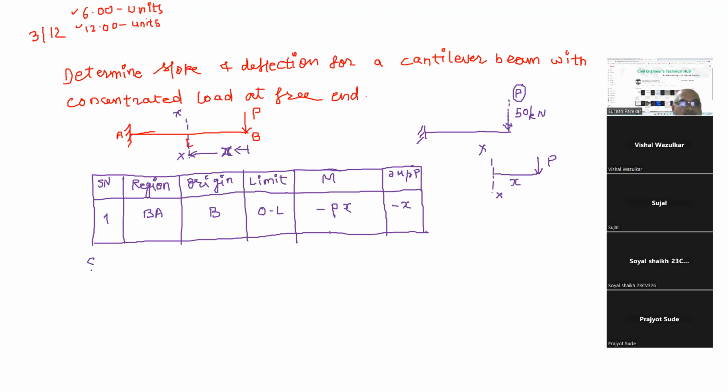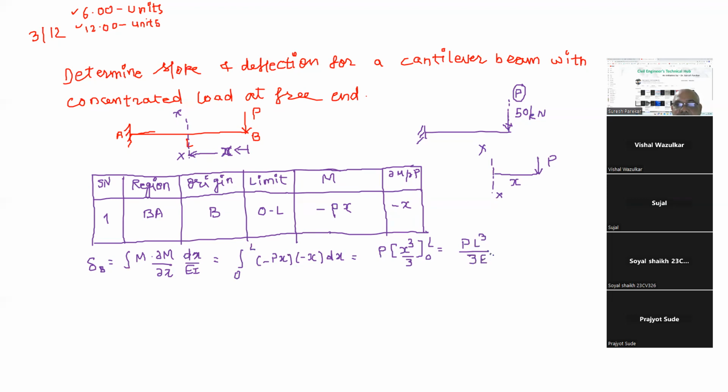Then we have delta at B equal to integration of M into dM by dP dx upon EI, from 0 to L. M is minus Px, dM by dP is minus X into dx, and this will be Px cube upon 3 from 0 to L, and this will be PL cube upon 3 EI.